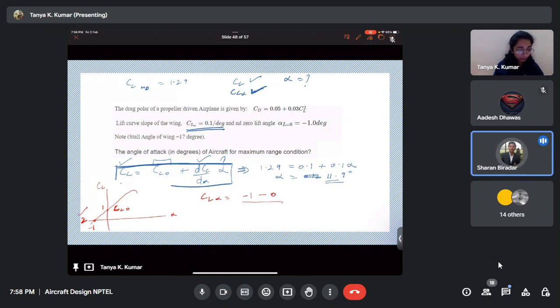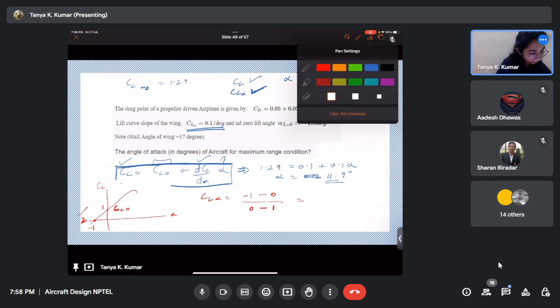Correct. Then at point 2, what is the value of CL? 0. Minus what is the value at point 1? 1. Now you just substitute this and you can find out the CL alpha we have, right?